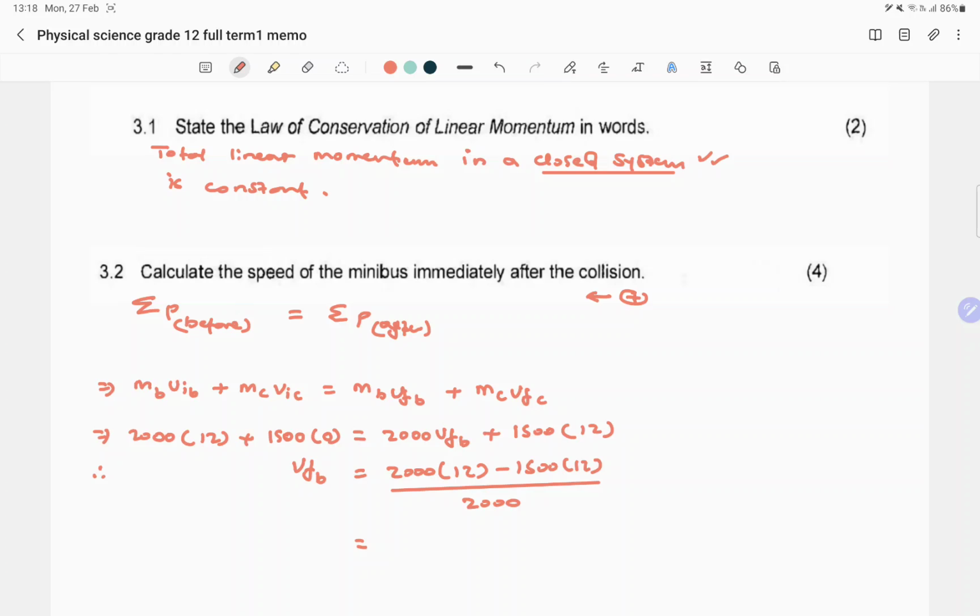So this one gives me 11 meters per second, and then of course it's positive, it's to the west as well.